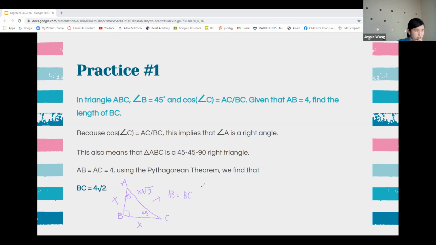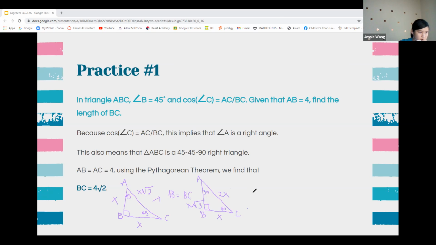Another really common type of triangle you're going to find is the 30-60-90 triangle. So if we have A, B, and C, let's say angle A is 30 degrees and angle C is 60. From this, you'll find that if this side length is x, AB is going to be equal to x root 3, and then AC is just going to be 2x.